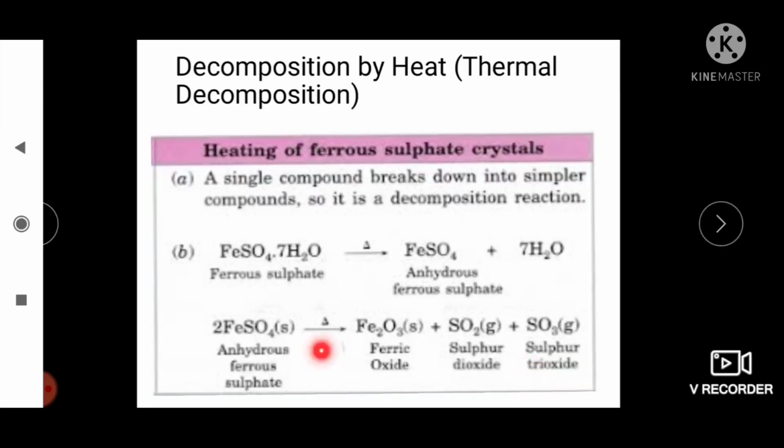In this decomposition reaction, the anhydrous ferrous sulfate decomposes to give ferric oxide, sulfur dioxide and sulfur trioxide. The decomposition can be represented as 2FeSO4 gives Fe2O3, that is ferric oxide, plus SO2, sulfur dioxide, plus SO3, sulfur trioxide.